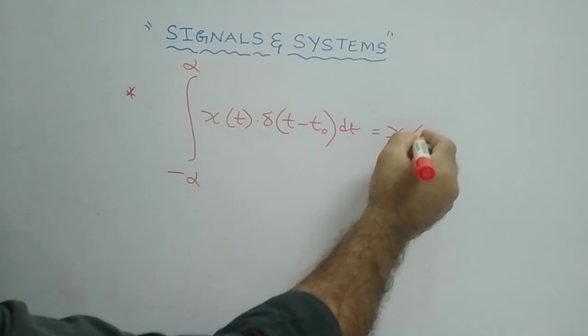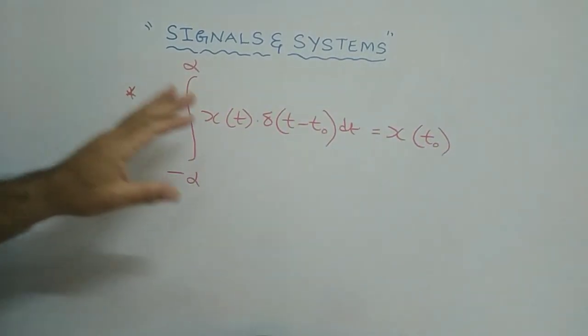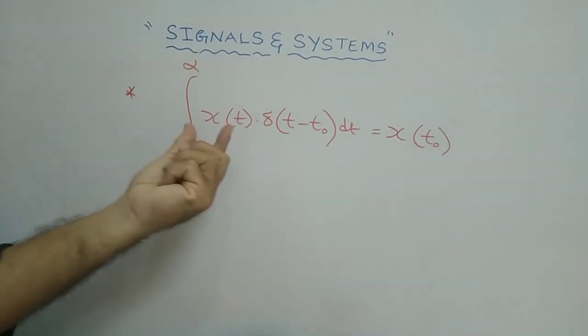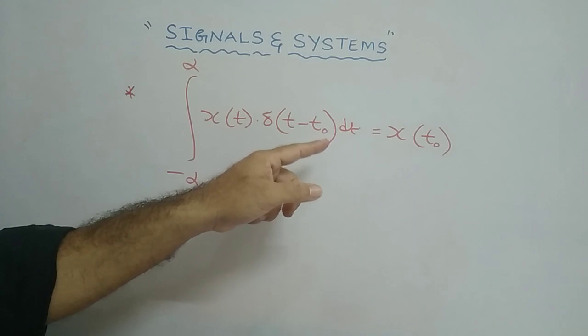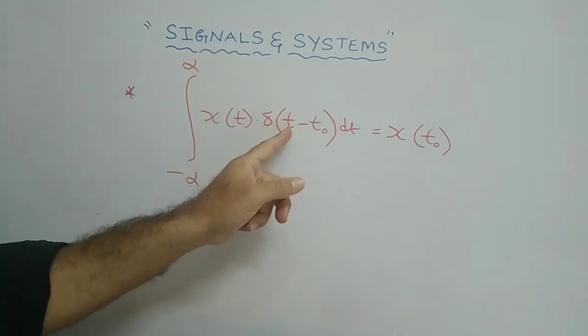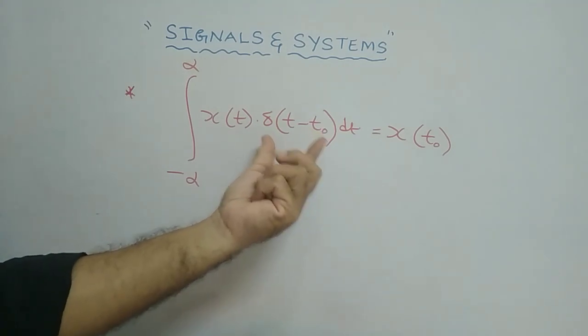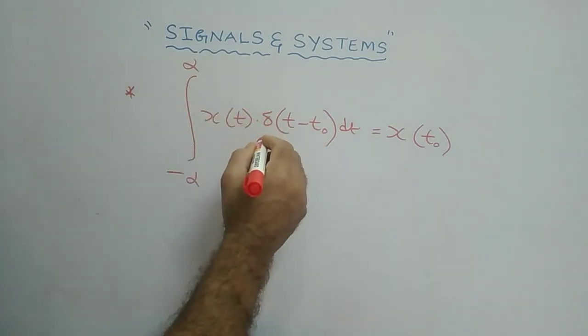Tell me: x of t naught. This is your answer. In this case, x of t is our actual input signal. Delta of t is the unit impulse. What is delta of t minus t naught? It is a shifted impulse function, called time shifted.